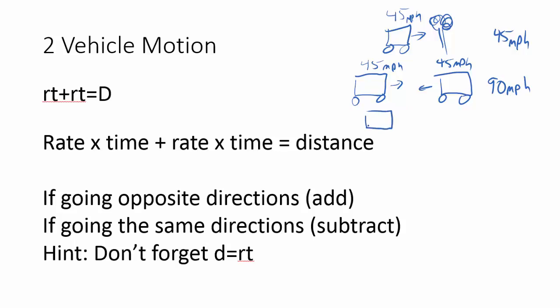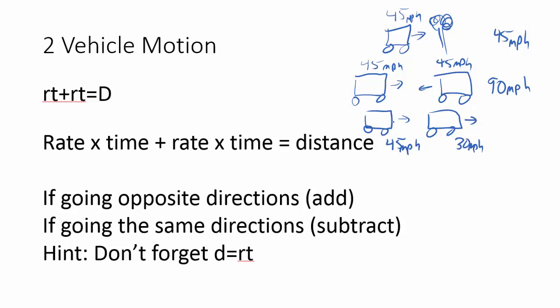Likewise, if you ever see somebody get rear-ended, or if you've been in a car that's been rear-ended before by another car, if you have two cars going a certain direction, let's say this one's going 45 still, and then let's say this one's going 30 miles an hour.